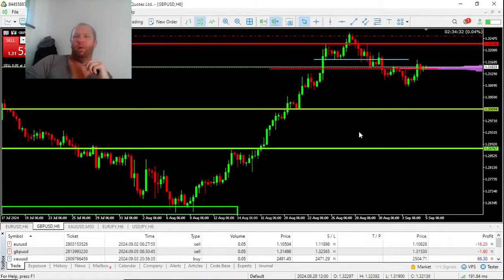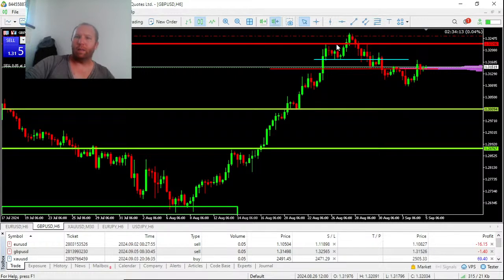And the same with the pound, also exactly the same. If you look at the history of the Euro USD and the pound USD, they basically follow the same pattern. They do the same thing. So what the Euro USD is doing, the pound USD will also do. They follow each other. They all basically do the same maneuver.